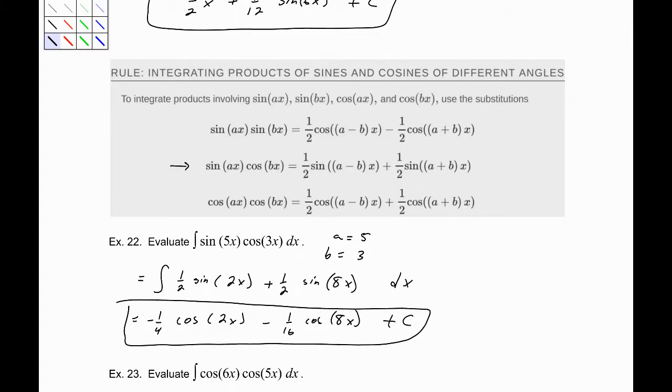Okay, so figure out which formula applies if you have different angles, and then, well, use it.